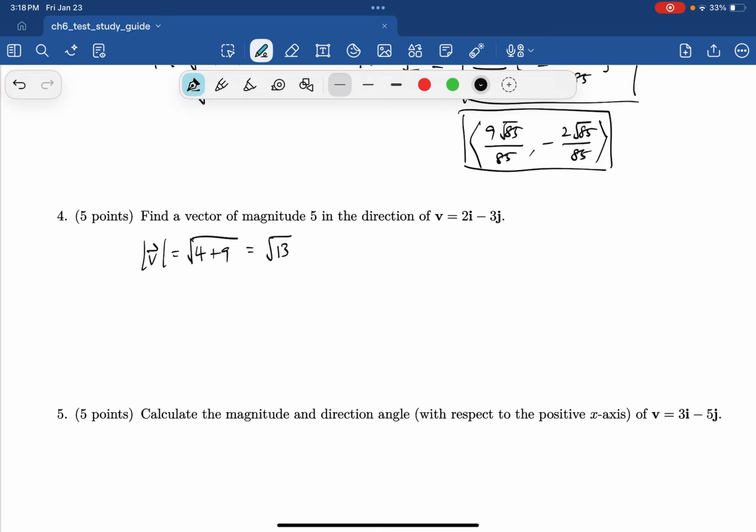And so the unit vector pointing in the direction of V will be 2i minus 3j over root 13. And so the vector that we're looking for is just going to be 5 times this vector.